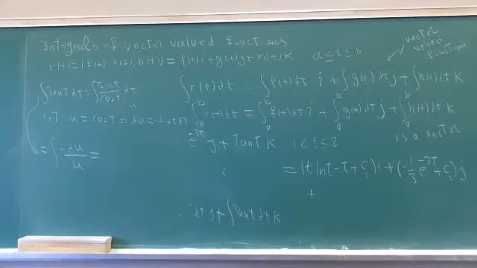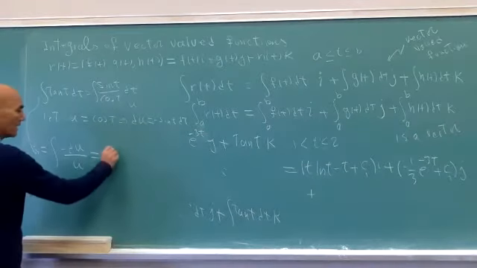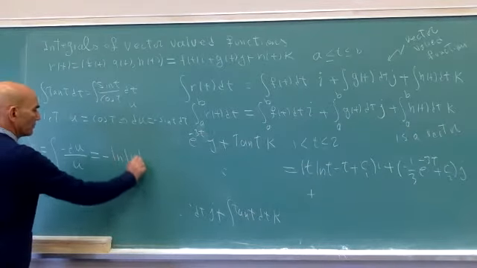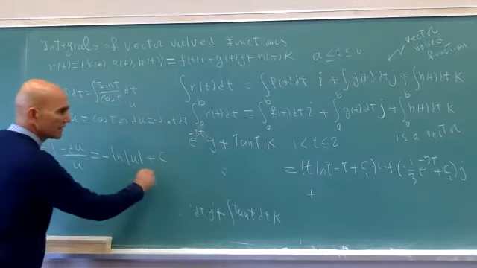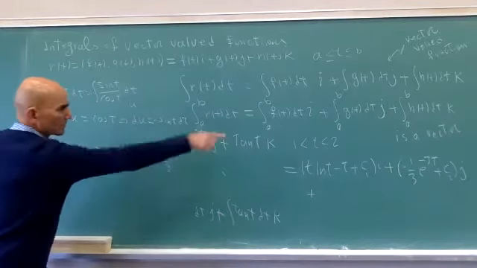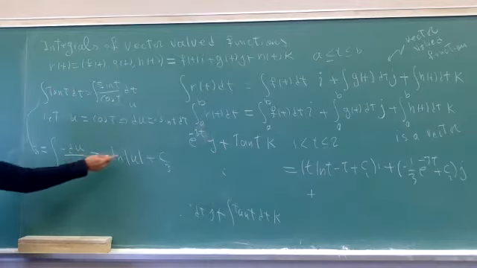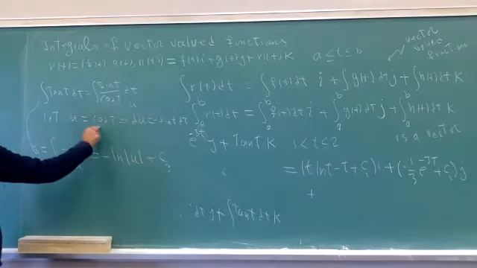Negative ln u, yes, but ln of the absolute value of u. We should put absolute values on. That's very important. Negative ln absolute value of u, and then of course plus some constant. We call this constant C3, it doesn't matter. Now you put back cosine of t.